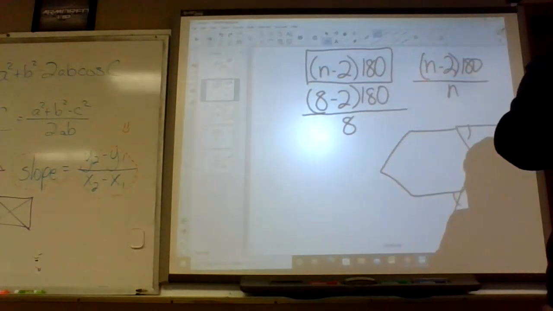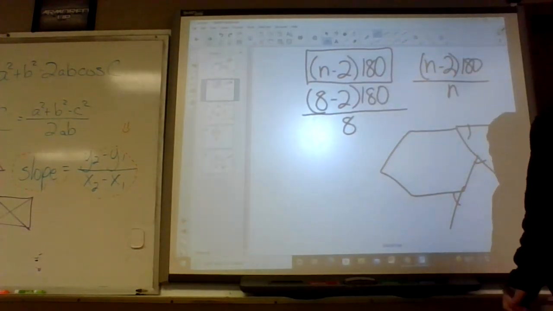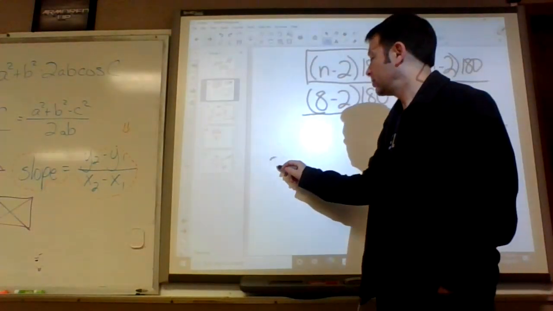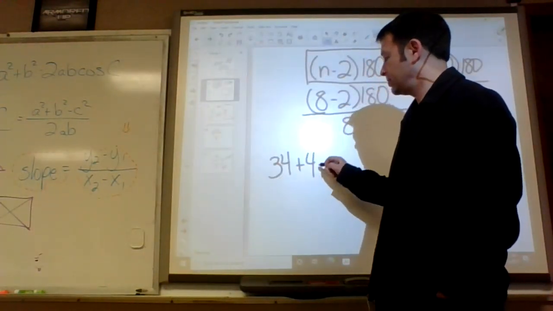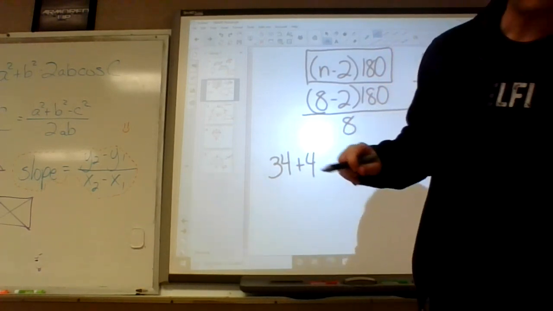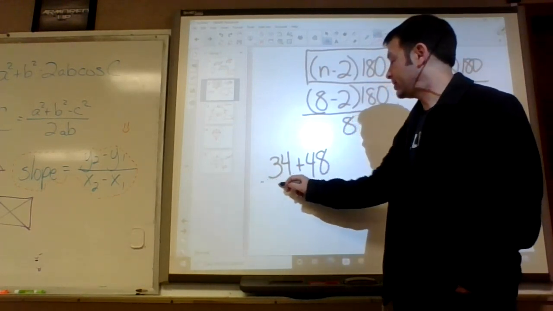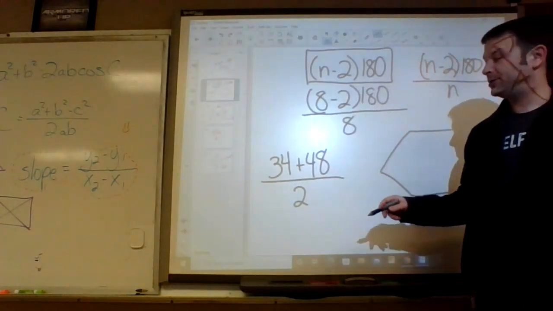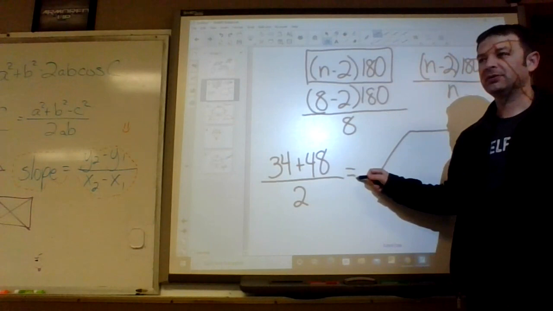So MN is going to be the average of the bases. How do we average two numbers together? Add and divide by 2. 34 plus 48 is 82, divided by 2 is 41.